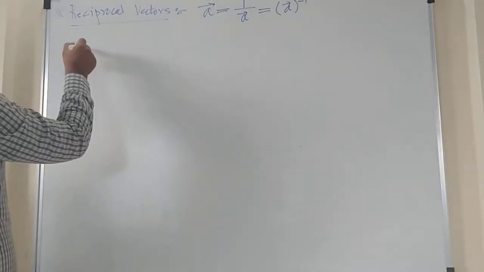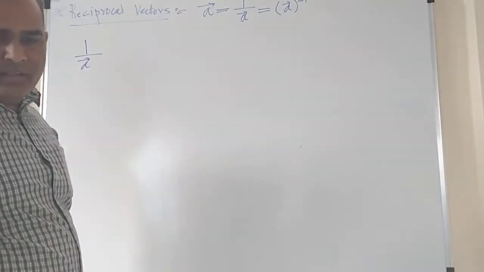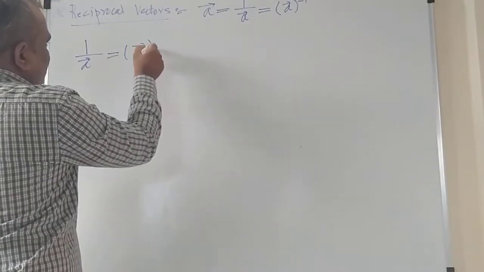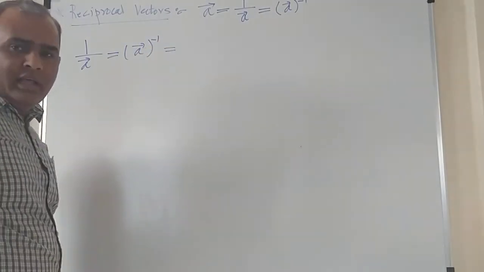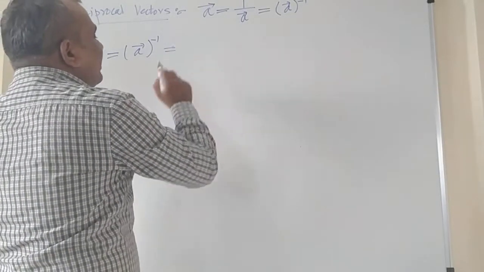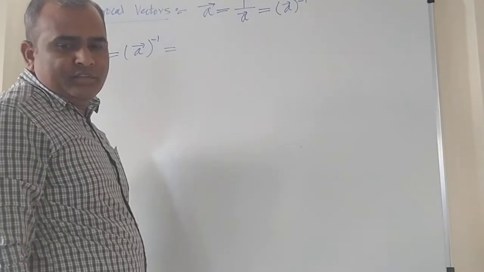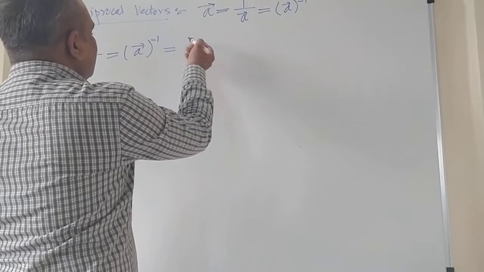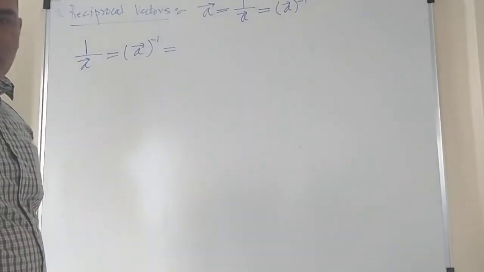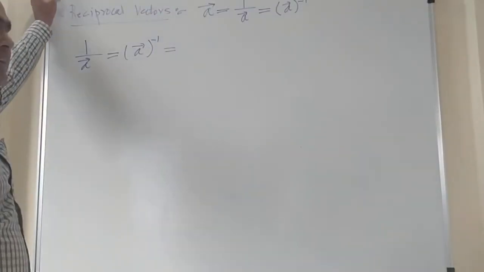Now the reciprocal vector is A bar raised to power minus 1, and how can we write the unit vector of the reciprocal vector? This is equal to the vector divided by its magnitude. So what is the magnitude of the reciprocal vector?